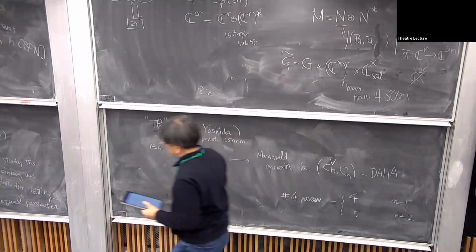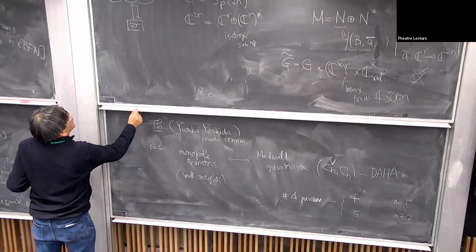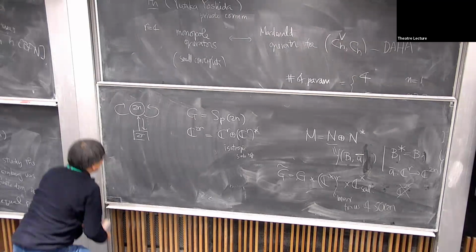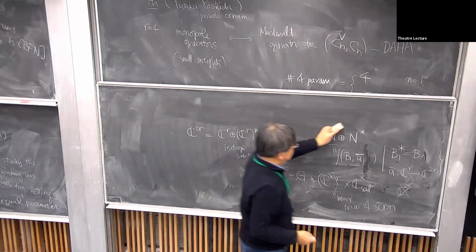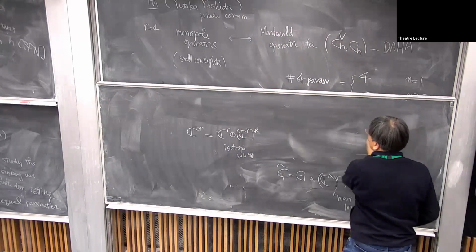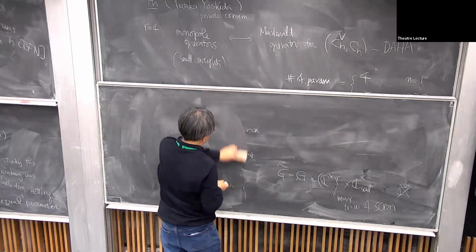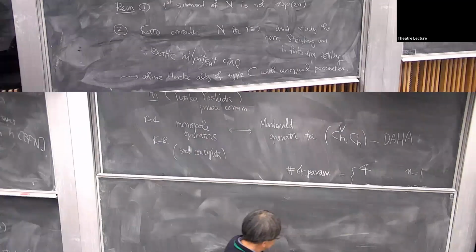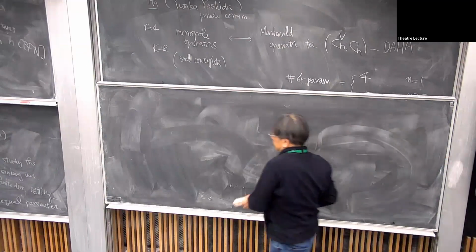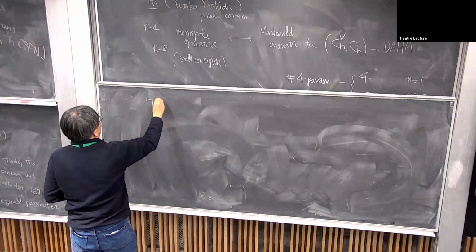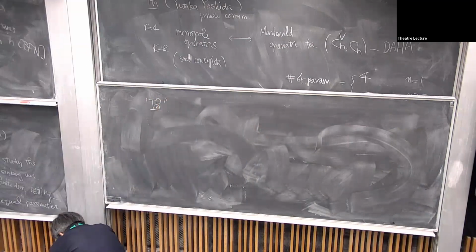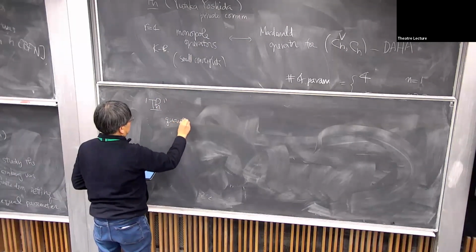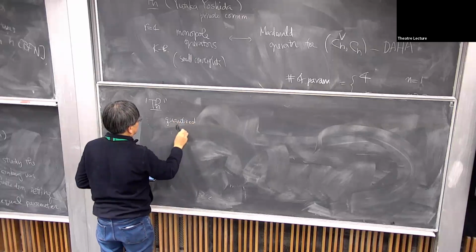Okay. All right. So from this, of course, this is the natural case, this is the K-theoretic one. And the Coulomb branch.